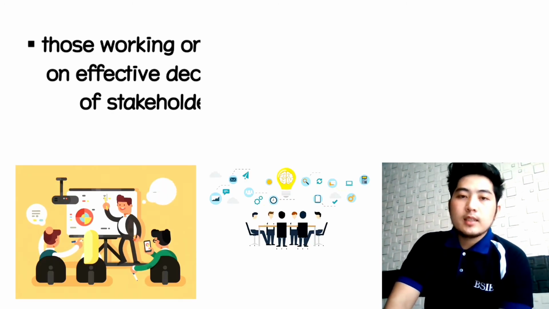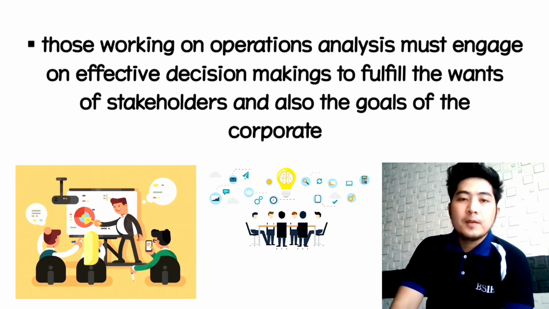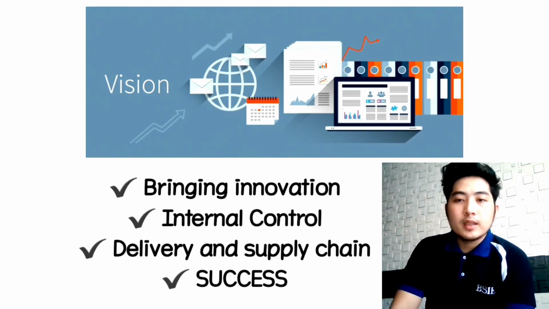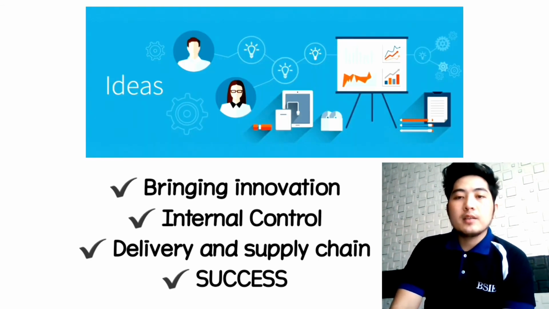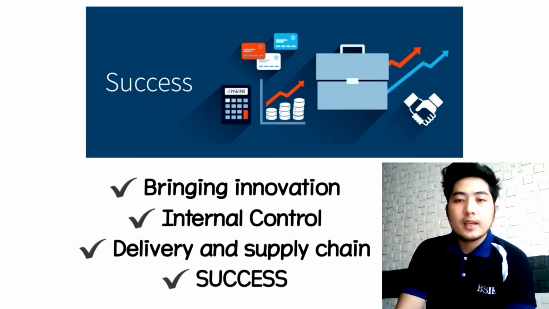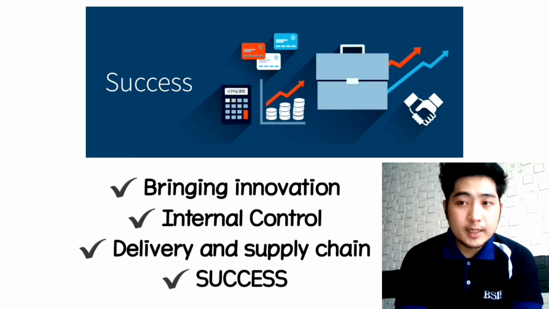Those working in operation analysis must engage in all sorts of appraisal with a specific emphasis on effective decision making to fulfill the needs of stakeholders and the goals of the company. Bringing innovation and cutting-edge best practices to the areas of quality management, internal control, delivery, supply chain, and data management is what makes the difference between a thought-to-be successful company and an organization that dominates its share of the marketplace.